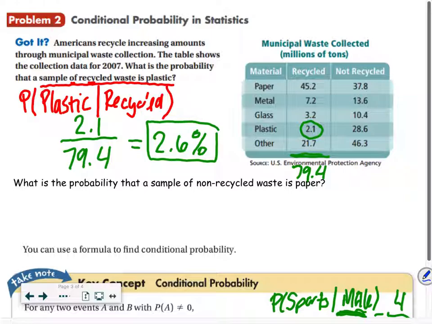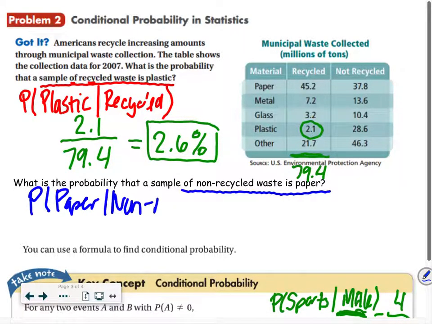The probability that a sample of non-recycled waste is paper. So my first condition is non-recycled, so that goes in back, and then I need paper. How do I find what number goes on top?